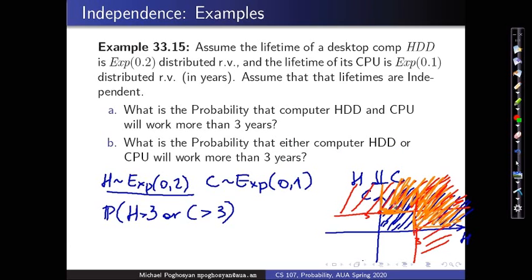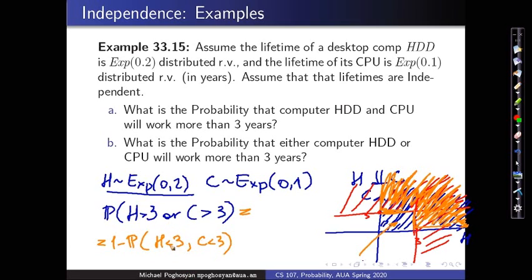We need to integrate our joint PDF over this, or which is the same, we can calculate 1 minus the probability that H, C is here. So this is equal to 1 minus the probability that H is less than 3 and C is less than 3.